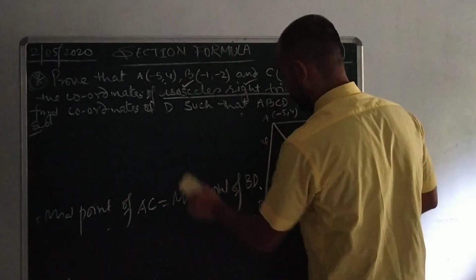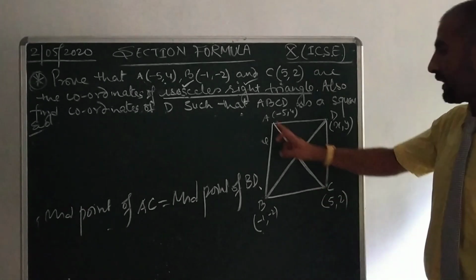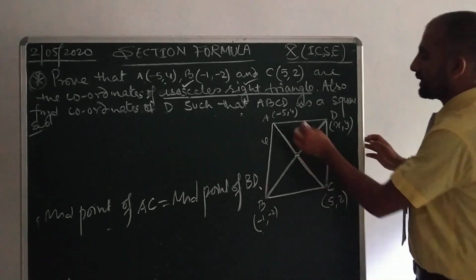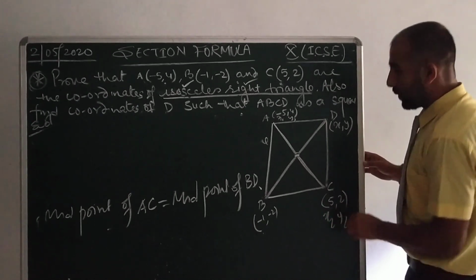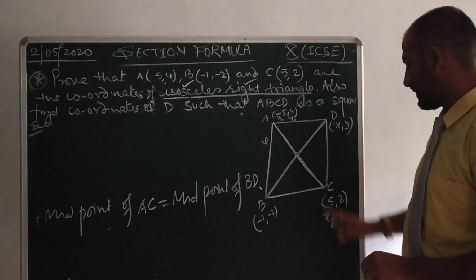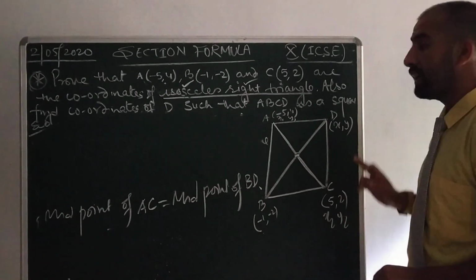So what is the midpoint formula for AC? If we consider this as (x1, y1) and this as (x2, y2), the midpoint formula is (x1 plus x2) by 2, (y1 plus y2) by 2.